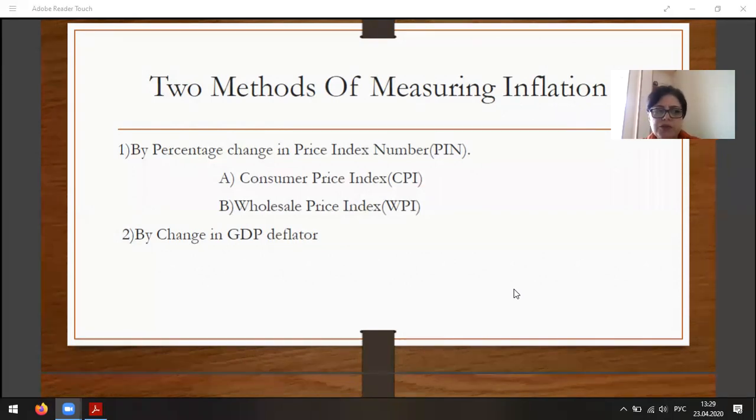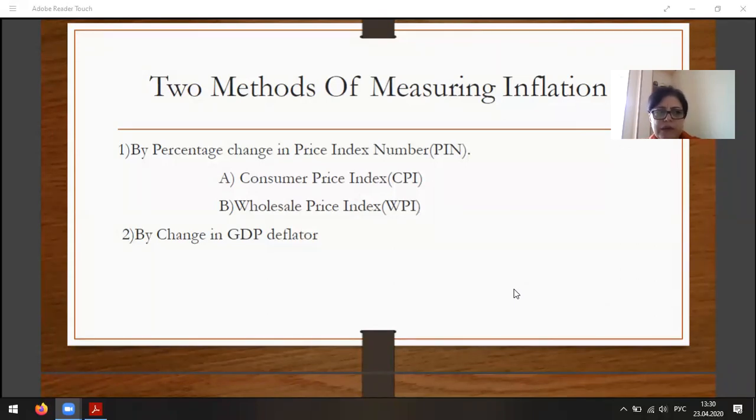Then we turn to hyperinflation. Hyperinflation is an extraordinary situation in the national economy when the average annual price level increases by more than 1,000%. But anyway, I would like to clarify precisely the methods of measuring inflation.